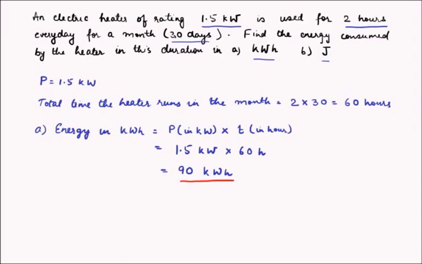The second part, we are supposed to find the energy in joule. We will directly use this value of energy and convert this unit to joules. Now energy is 90 kilowatt hour.